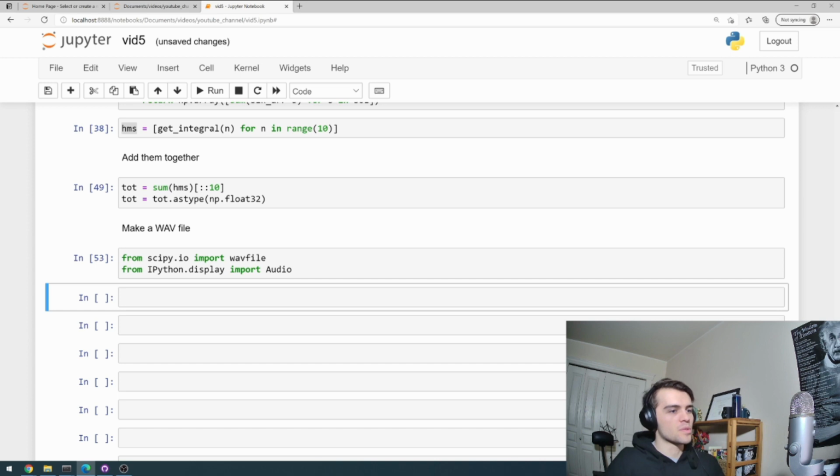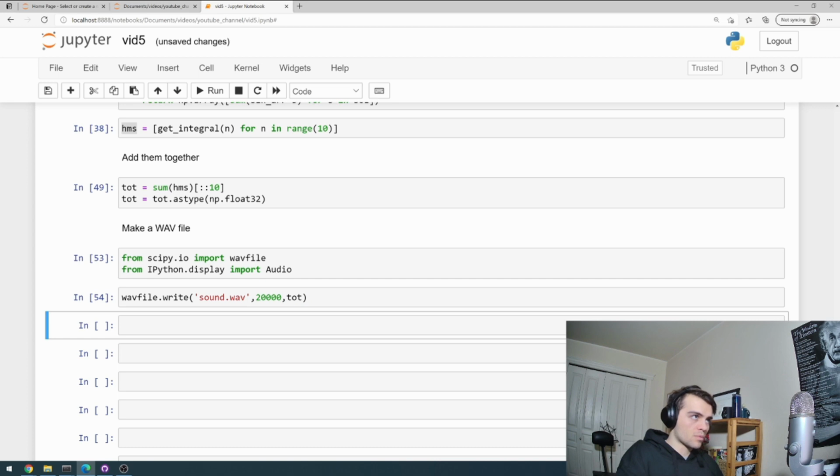These are the two libraries we need to make a WAV file. And then it's as simple as wavfile.write. I'm just going to call it sound.wav, 20,000 points, and I'm going to write total to that. And if you want to listen to what you just created, you go Audio, sound.wav.